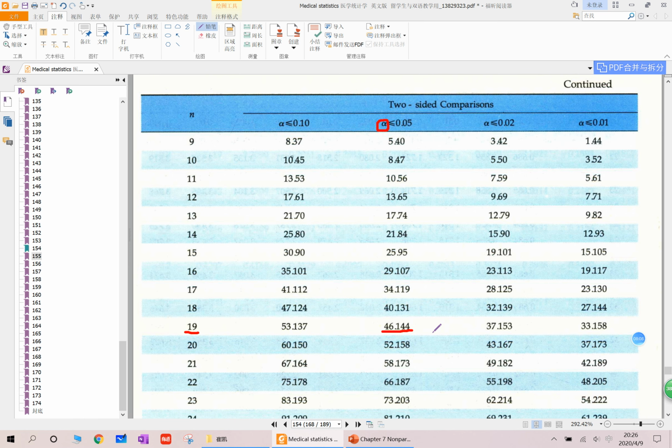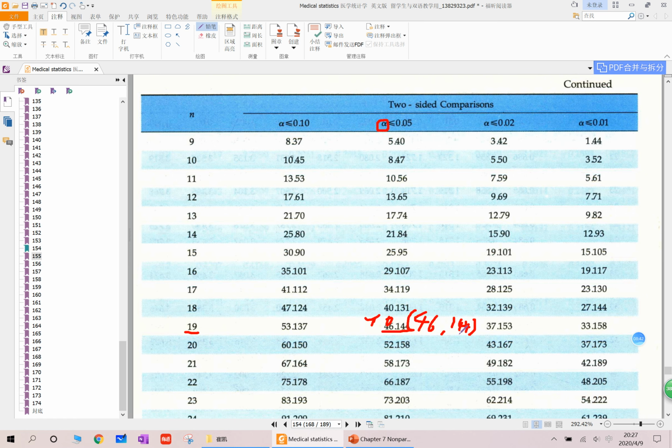This is not a single number like 46.144. It's actually a range. All the numbers listed in this table should be ranges. So this range should be 64 to 144. That should be this range, not just a number.